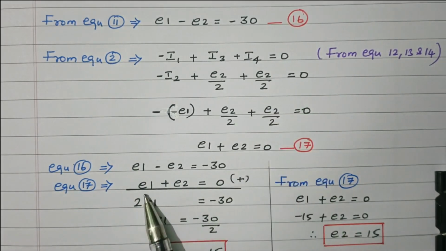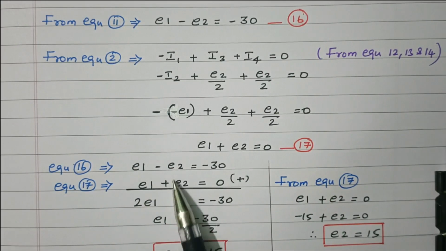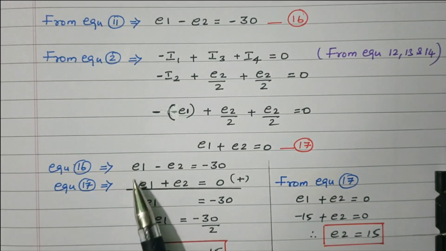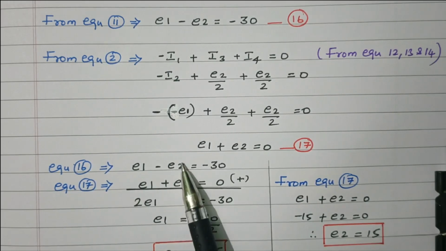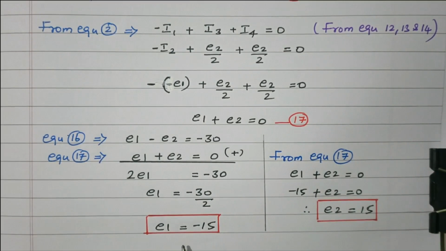But in equation 17 we have E1 plus E2 equal to 0. So we can add both the equations, because by adding this E2 got cancelled. So E1 plus E1, 2E1 equal to minus 30. So E1 equal to minus 30 divided by 2. So E1 equal to minus 15.